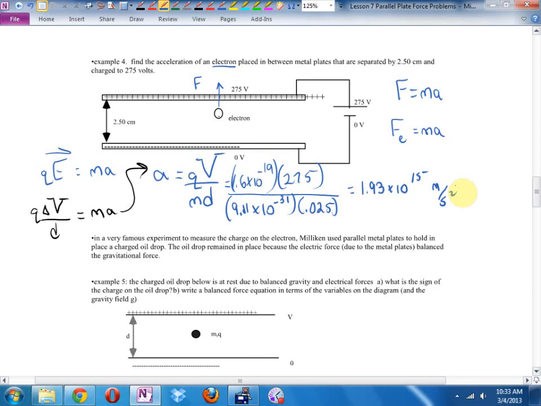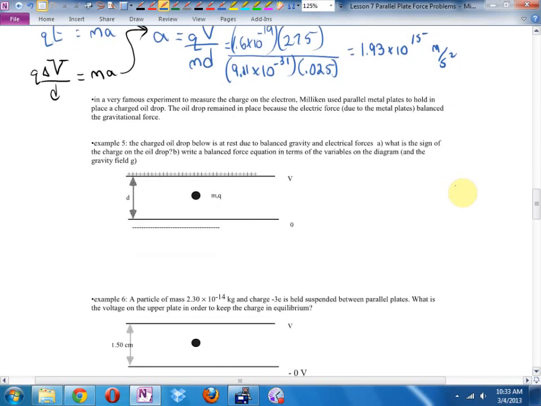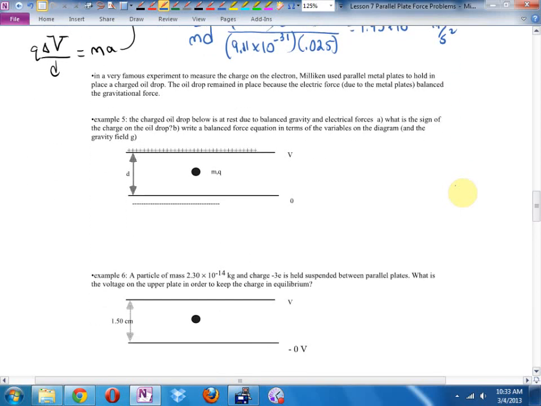Because that's pretty small. Well, in a very famous experiment to measure the charge on the electron, Millikan used parallel metal plates to hold in place a charged oil drop. The oil drop remained in place because the electric force, due to the metal plates, balanced the gravitational force.